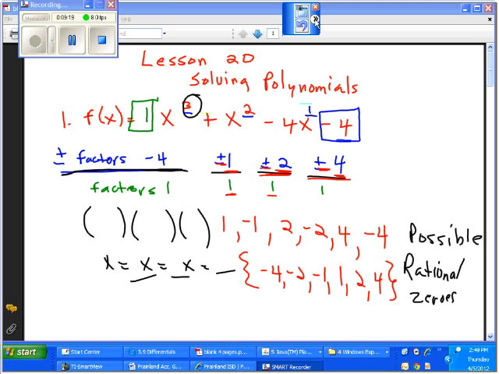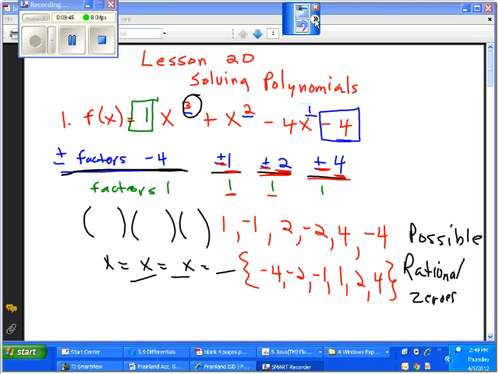Now, irrationals and imaginaries come in pairs. So if you had one imaginary, that means you'd have 2 imaginaries, so you'd be left with 1 rational. Anyway, when we try our synthetic division later on the test, we would only choose from those to try to find a hit so that we could reduce from an x cubed to an x squared.